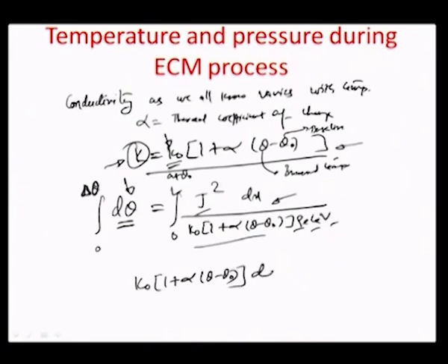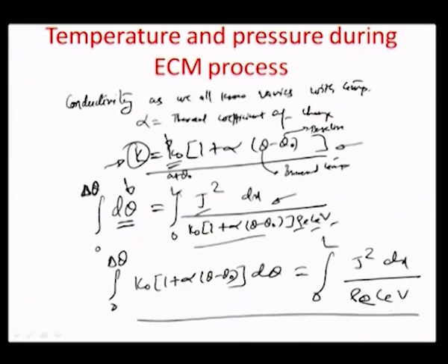And we can rearrange the terms such that the integral of k0 (1 plus alpha (theta minus theta 0)) d theta from 0 to delta theta equals the integral 0 to L of j square dx by rho e C v.